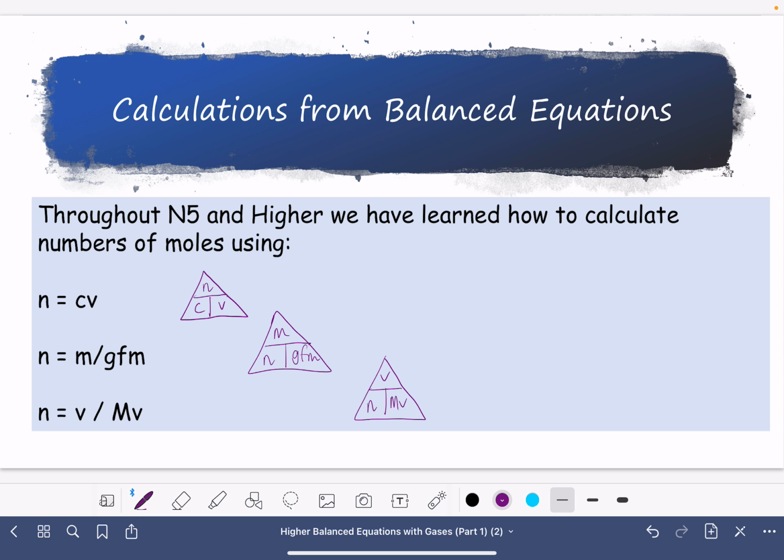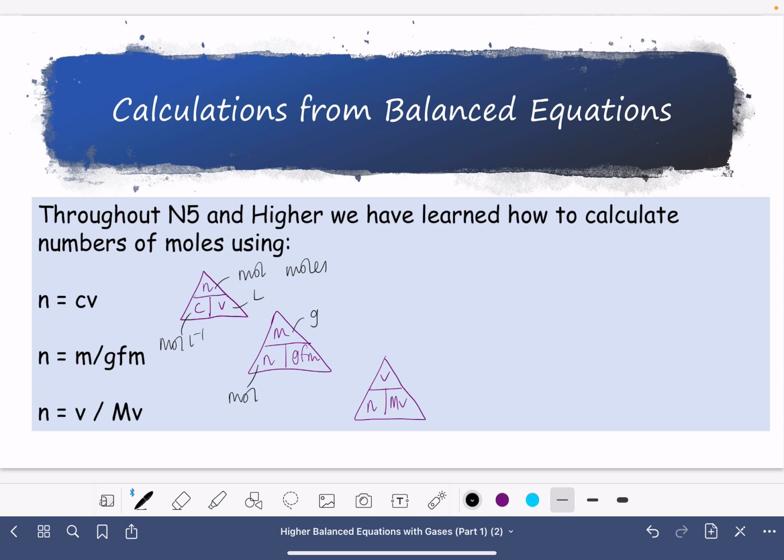Okay, so I just want to highlight what the appropriate units should be in each case. Anytime we've got number of moles, we can just write that as mol, or in full, moles. Concentration is in moles per litre, and volume is in litres. Mass is in grams, and number of moles again is in moles.